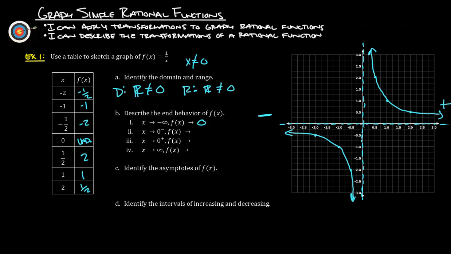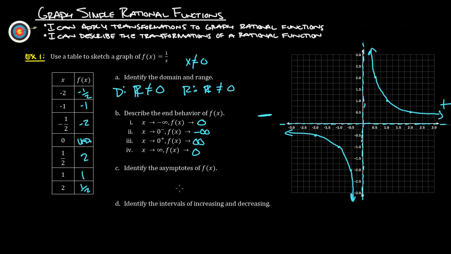If you approach from the negative side of 0, the graph is getting closer and closer to -infinity. And as we approach 0 from the positive side, the graph is going towards positive infinity. And as x is approaching infinity, as x is getting bigger and bigger, this graph is getting closer and closer to 0.